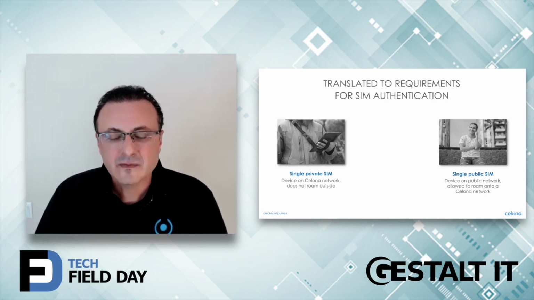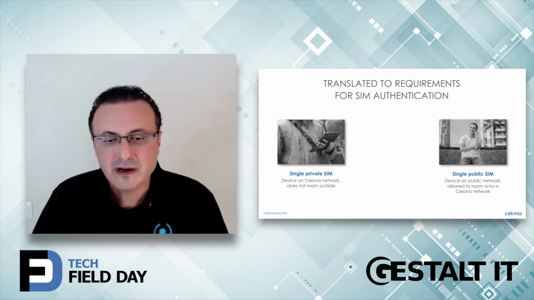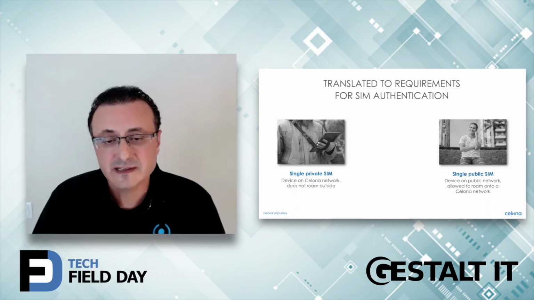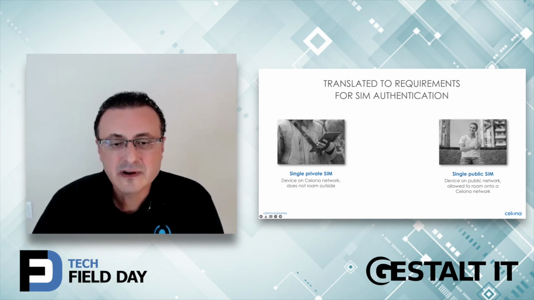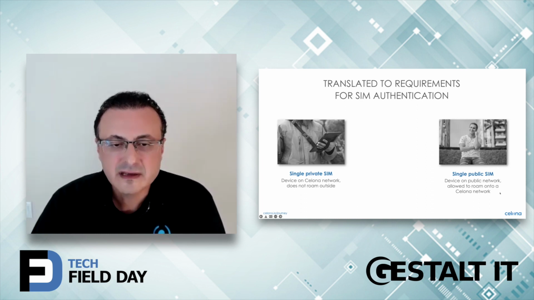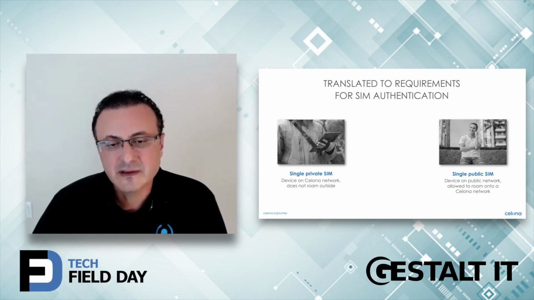That comes from Celona that we provide to the enterprise or through our channel partners that goes into those devices, either physical SIM or eSIM. And on the right, you see the devices with public SIM, right? This is the regular devices. All you need is the support of the specific band, like CBRS in the US, for example, in that device, and the device connects to this network.